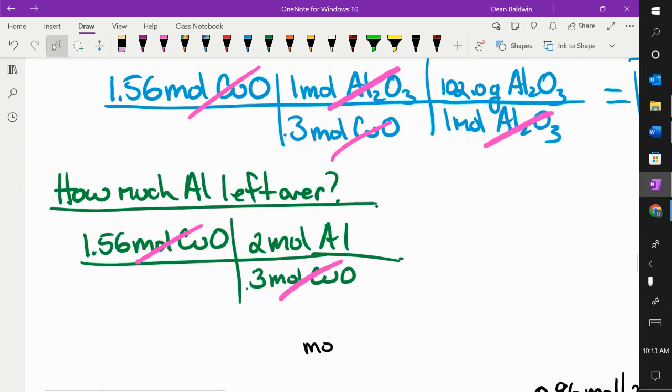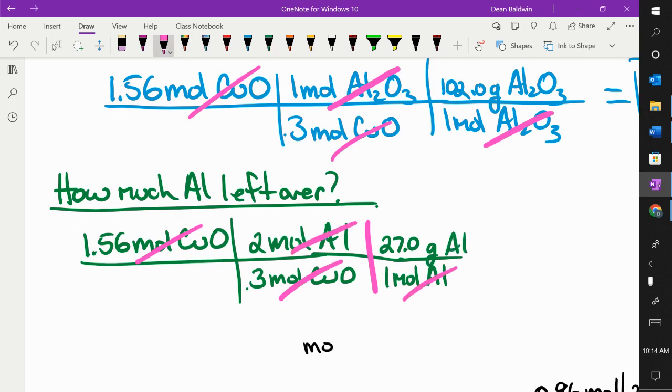Okay? They want to know how much is left over, so I can convert that to grams. What's the molar mass of aluminum? 27. So if I go 1 mole of aluminum is 27.0 grams of aluminum, I will get, what do I get? 28.1 grams of aluminum.